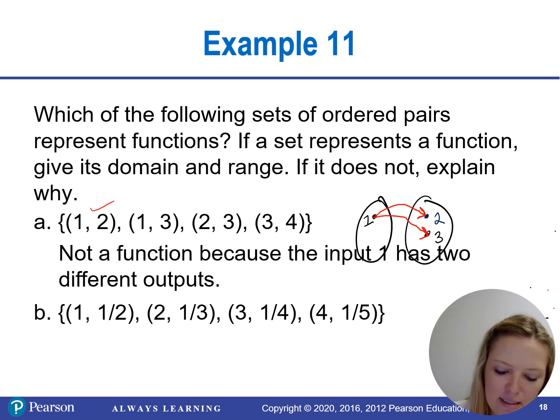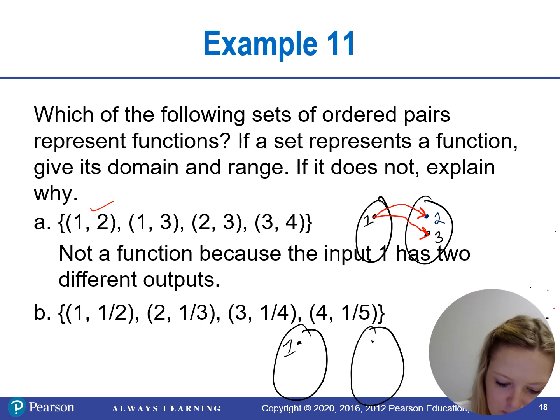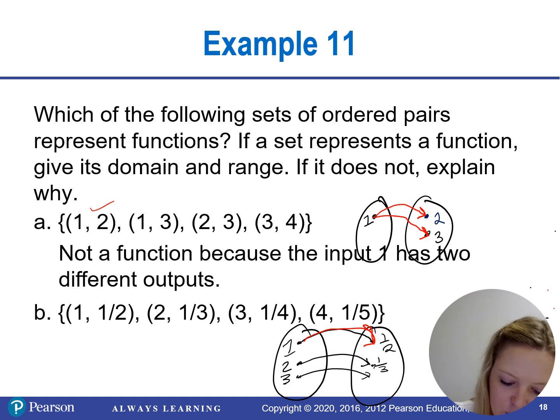So this is not a function because 1 has 2 different outputs. If we look at the second possible function, we have 1 mapping to 1/2. Then we have 2 mapping to 1/3. We have 3 mapping to 1/4.